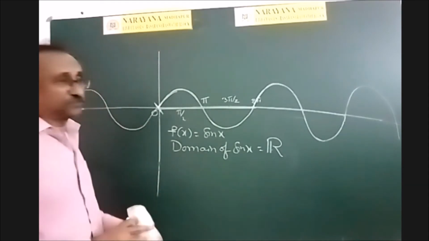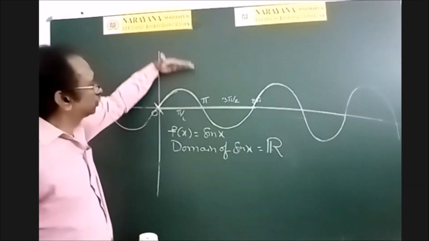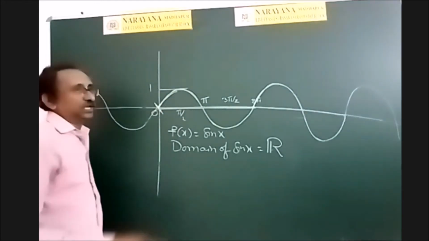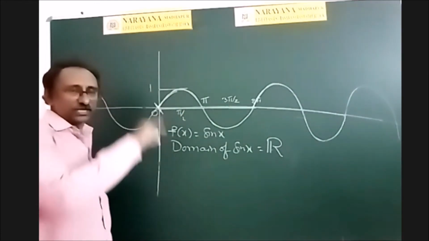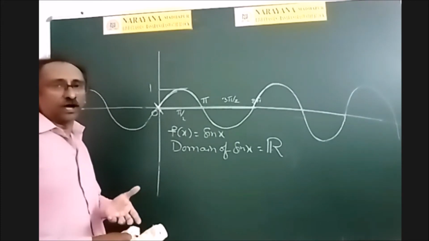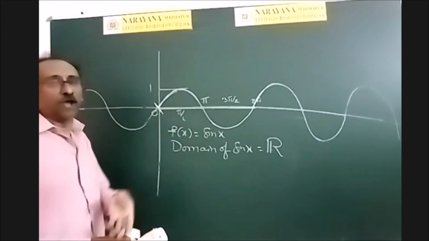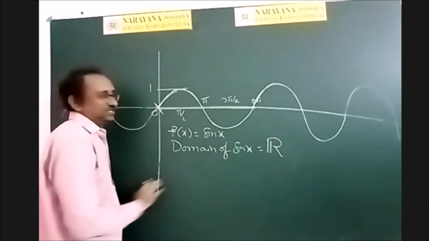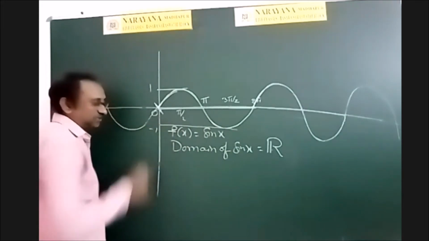But range, observe, we cannot get more than 1. The utmost value we are getting is 1 only. If you look at the circular definition also, y by r, the maximum value of y may be r only. r by r is 1. So the maximum value we get is 1 only, and the minimum value we get is minus 1 only.